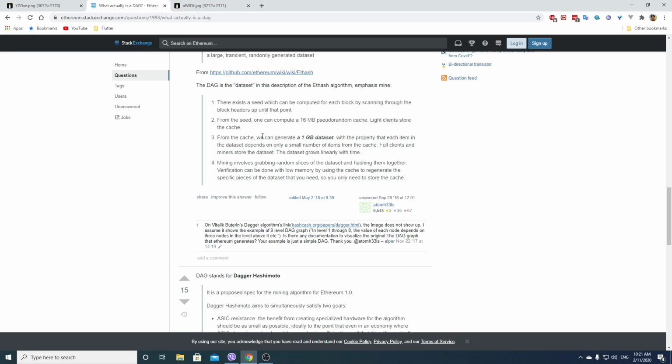And then from that cache, we generate this data set, which is a DAG. So they say 1 gig, but now it's 4 gig, right? And the clients need to have that data set, because they're going to be asked to look for pieces of that, and then these elements will be put into the result, right?